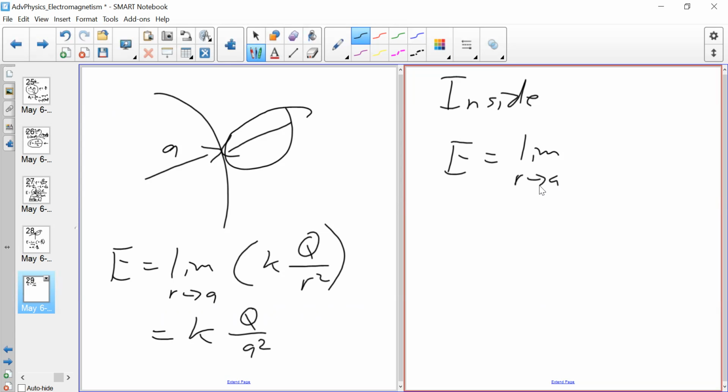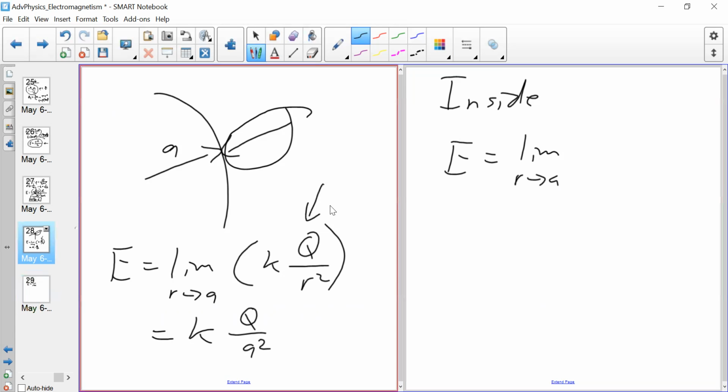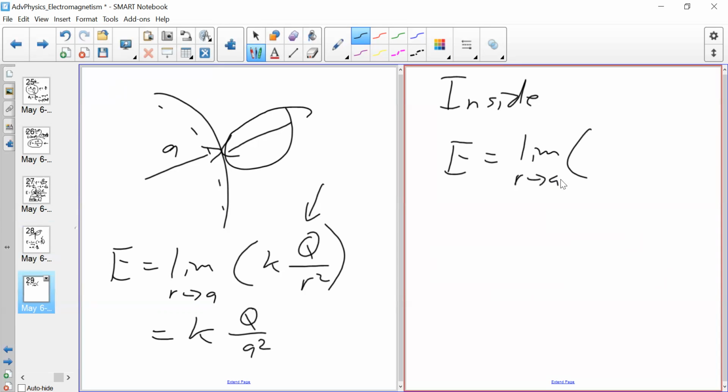From the inside, it's what we derived before, and from the outside it's this. When we have the Gaussian surface on the inside, we've got that KQ over A cubed times R business.